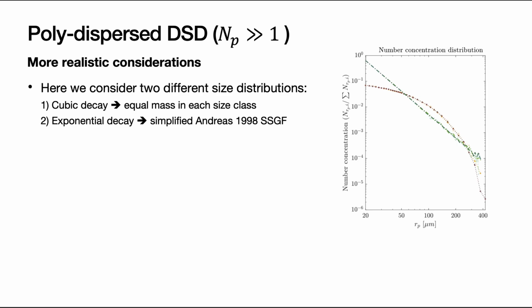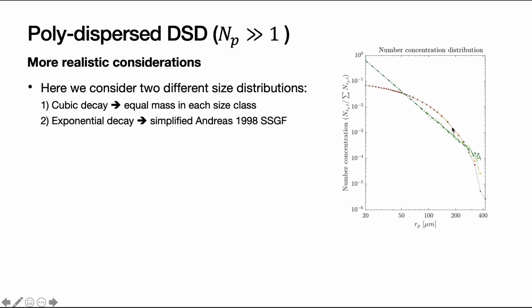There are two types we're considering right now. First is the cubic decay, which means with larger size, the number of droplets decays cubically, which means in each size class we have assigned equal mass. And the second one is an exponential decay.